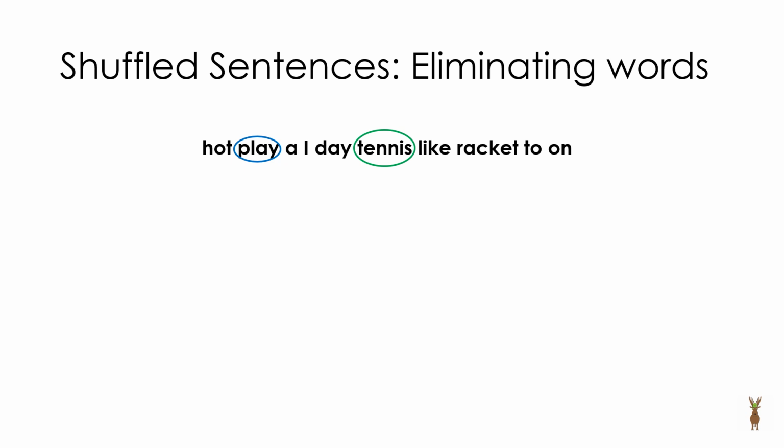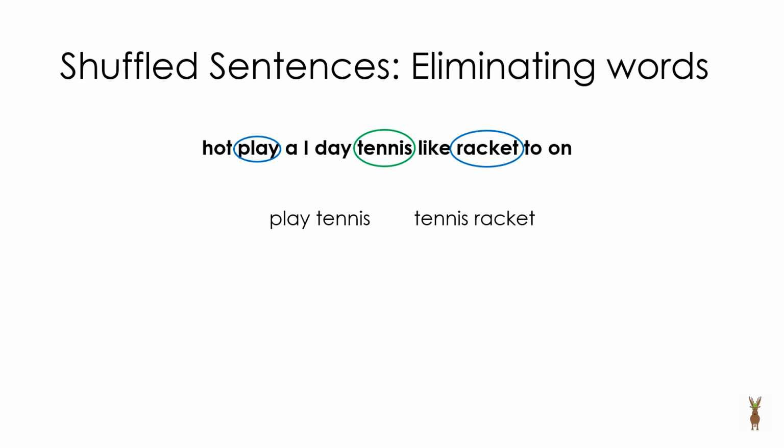Or maybe we have the noun tennis racket. We can see quickly that we can't have both play tennis and tennis racket. Looking at the other words, there are no words that seem to make sense to go with tennis racket. There are no adjectives to describe the racket. There are no prepositions like the word with to link the racket to the verb play. There is another verb, like.